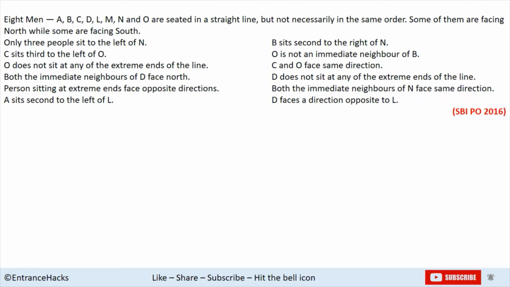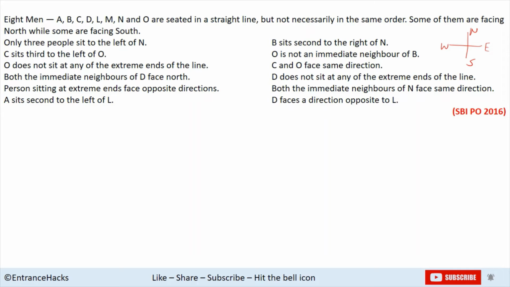In this question there are 8 persons who are sitting in a straight line but not in the same order. Some of them are facing north while some are facing south. For convenience we assume the top of our page is north and the bottom of our page is south, and accordingly this is east and this is west.